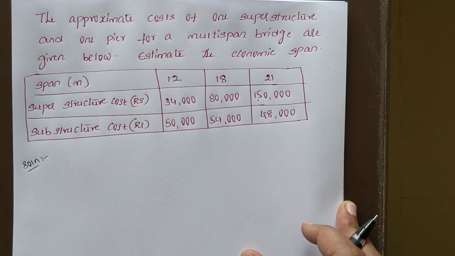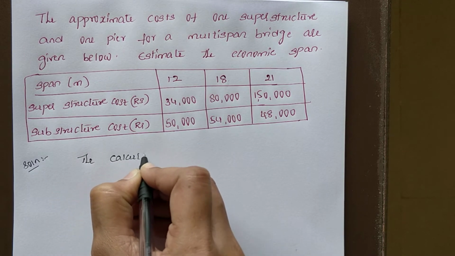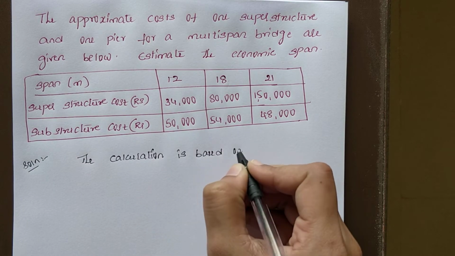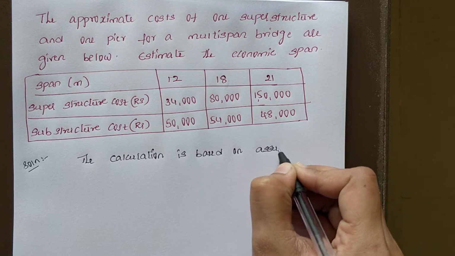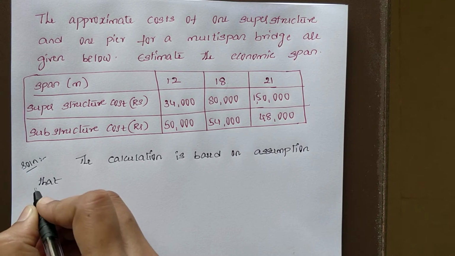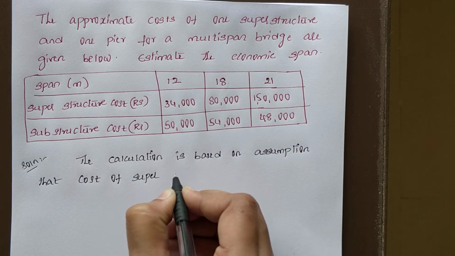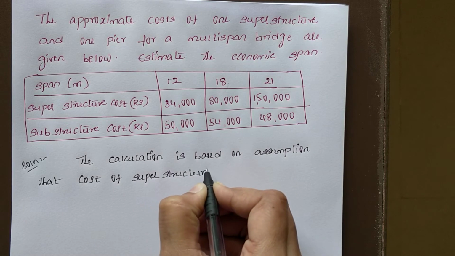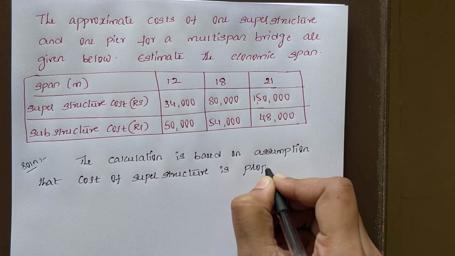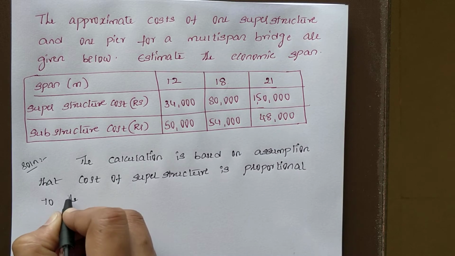Now the solution. The calculation is based on the assumption that the cost of superstructure is proportional to the square of the span.